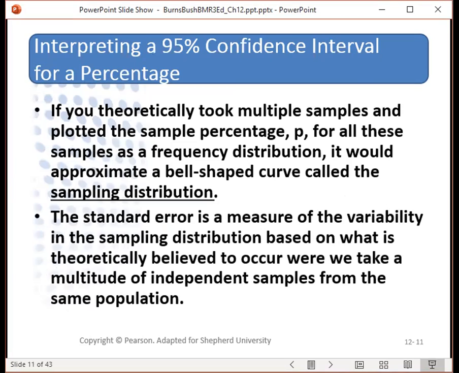But because of the central limit theorem, we know that the sampling distribution is going to be a normal curve. With that, we can use the mathematics of a normal curve to help us determine the confidence levels of our sampling.